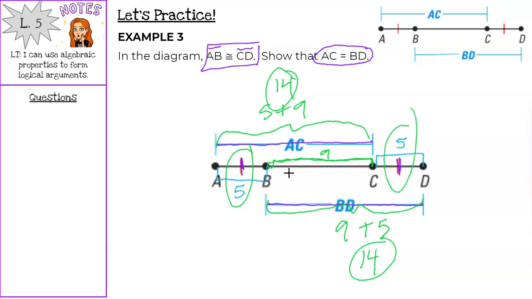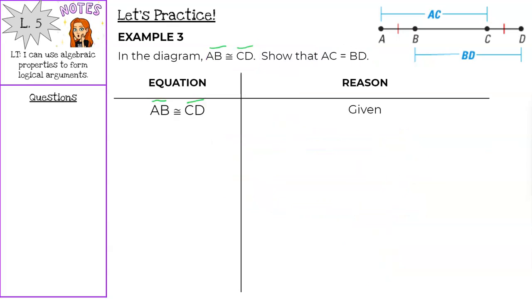So now we just have to state that in a logical argument. All right, so first off, we were told that AB is congruent to CD. So segment AB is congruent to segment CD. And that's given. You always want to start with what you're given, and that's what we were given. So the next piece is we want to go to an equation, because our end result, the very last thing that we're working towards, is AC equals BD.